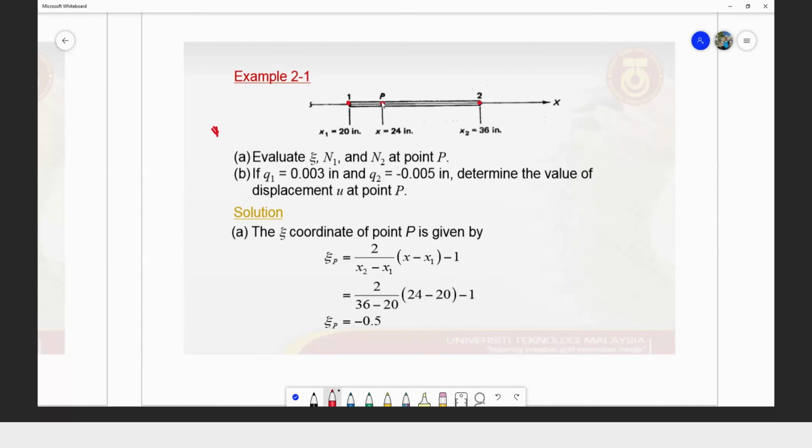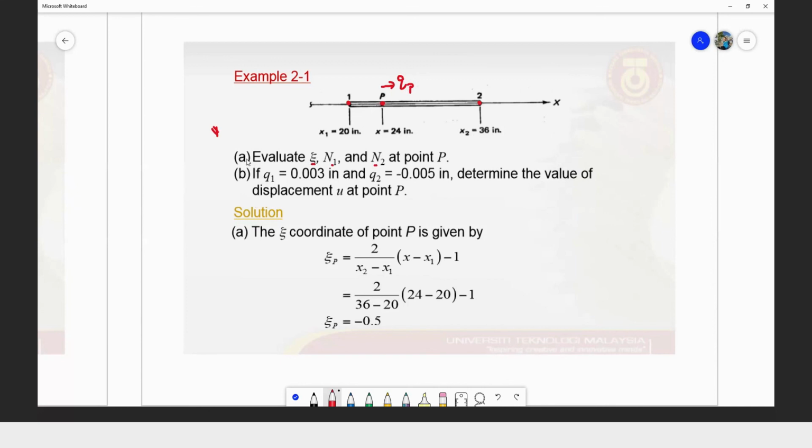Kita nak tentukan kemudian nanti berapa sebenarnya displacement pada point P ni, QP kan. Tapi sebelum kita dapatkan QP, kita kena tahu dulu what is the z, N1 and N2 at point P. Sebab koordinat pada point P kita boleh tahu kan, which is let's say in between the 2 points, between 20 and 36, we pick x equal to 24 inch.